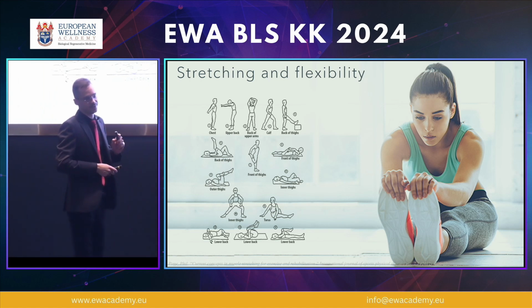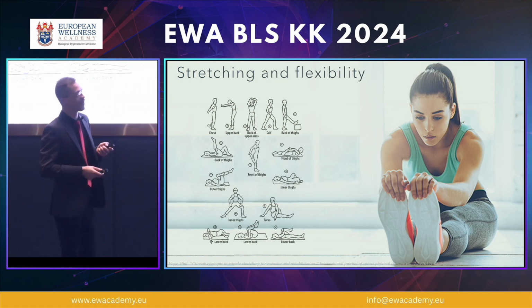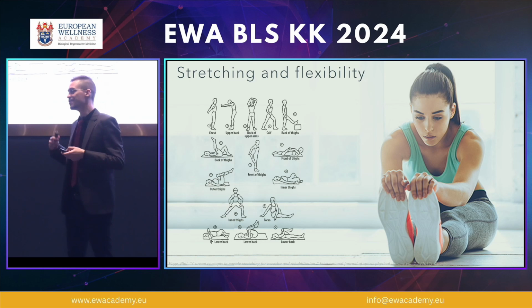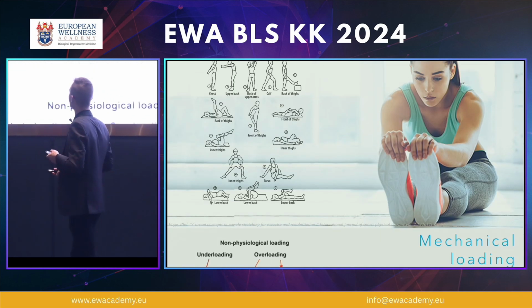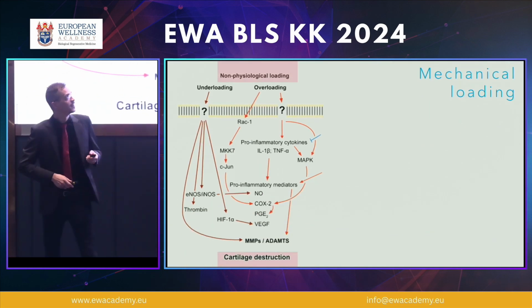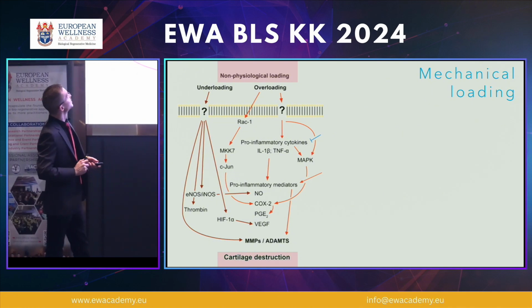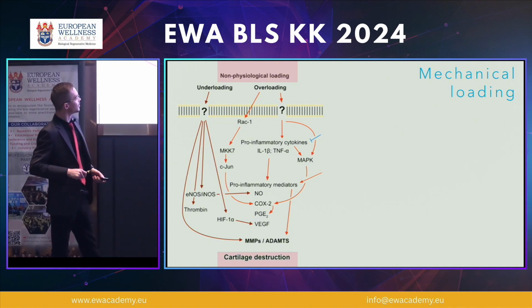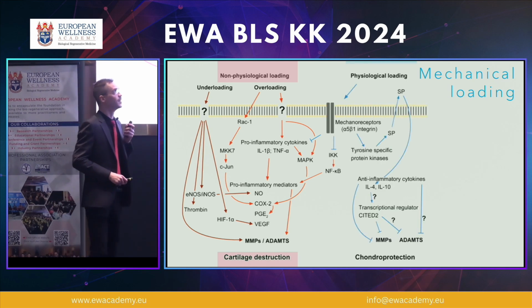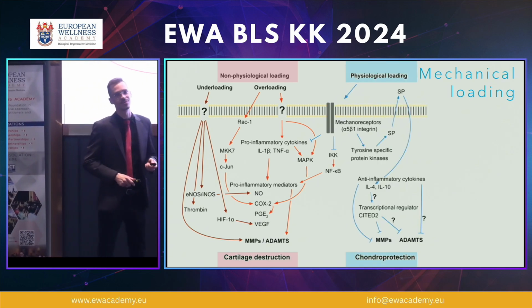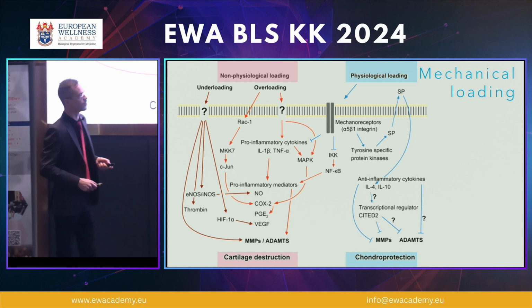Obviously, stretching is very important for the musculoskeletal system, for muscles as well, for healthy muscle function. Next, as we just mentioned, non-physiological loading leads to cartilage destruction, meaning that physiological loading of the cartilage actually has chondroprotection.